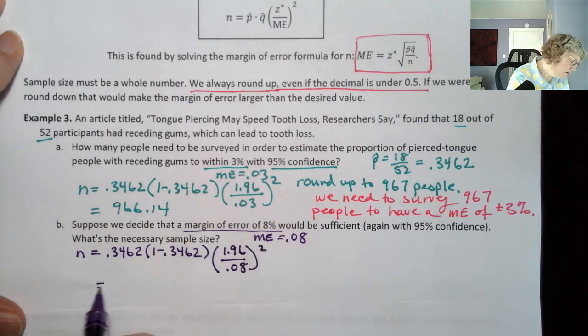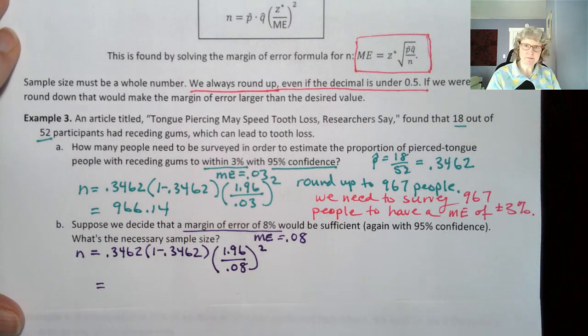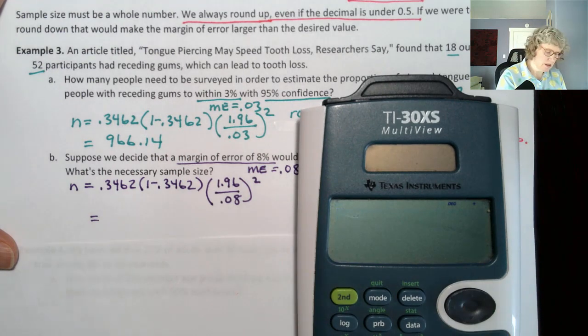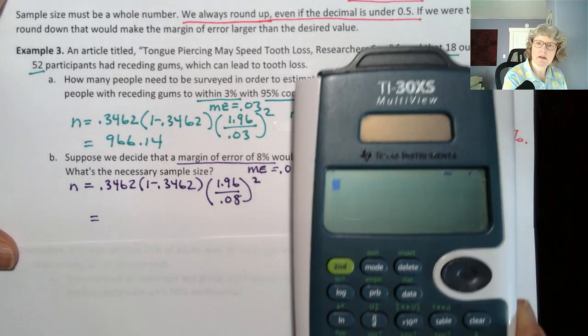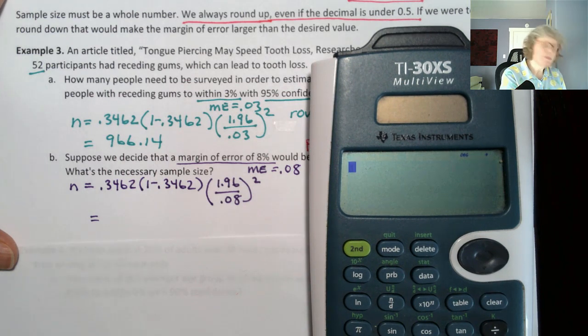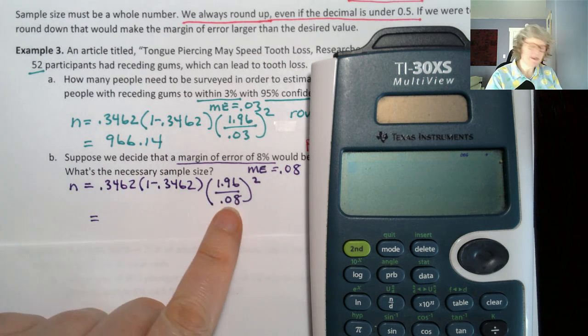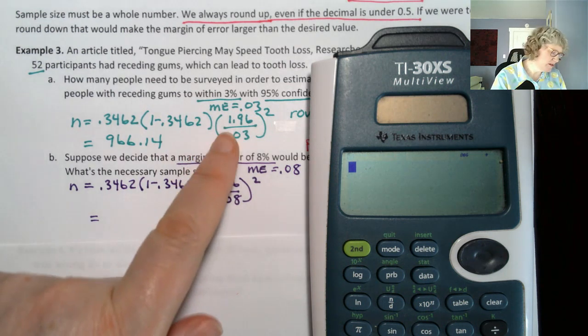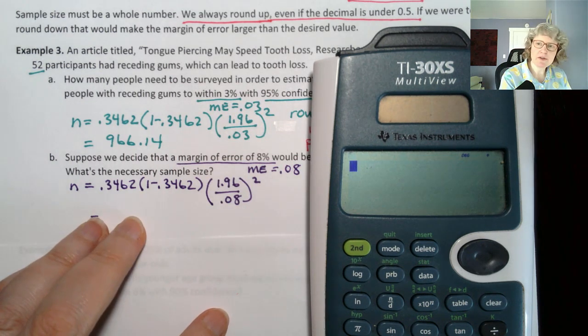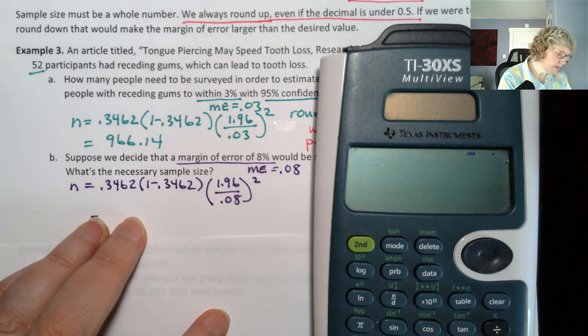And we're still going to square it. Okay, let me move that up now and go ahead and calculate it. The great thing about Desmos is you could just keep everything typed in there. You could just go and replace the 0.03 with 0.08. So that's one nice thing about doing it with a computer app.